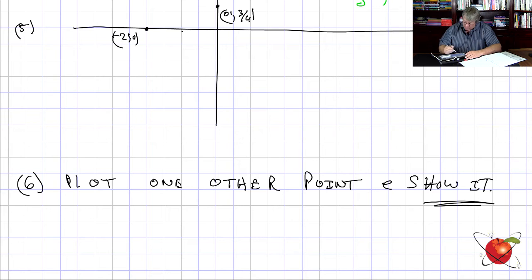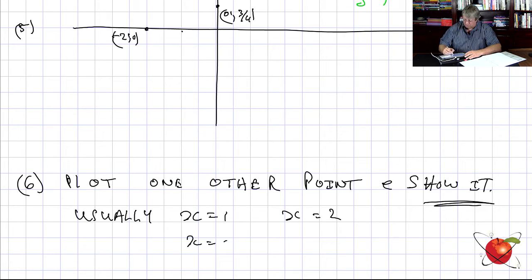Okay, so usually x equals 1, x equals 2, x equals minus 1. Why? Because they are the simple ones. Let's not choose a difficult one. Choose an easy one. All right?